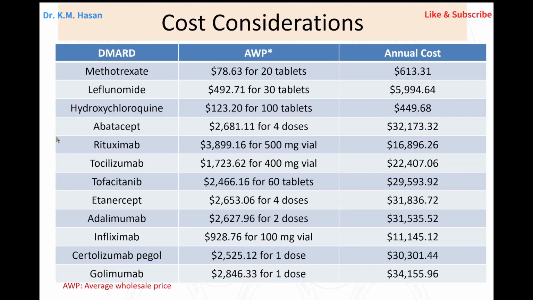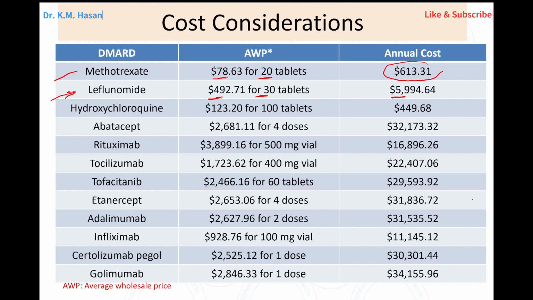Okay, methotrexate: you can see the average wholesale cost for 20 tablets is like $78, and the annual cost for methotrexate is $600. Leflunomide is a little bit more expensive per 30 tablets per month and per year.